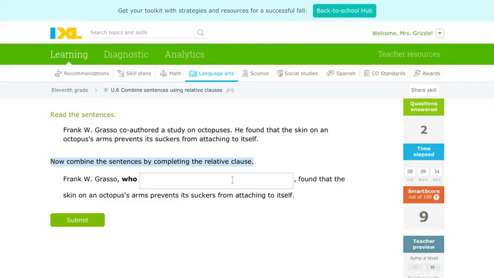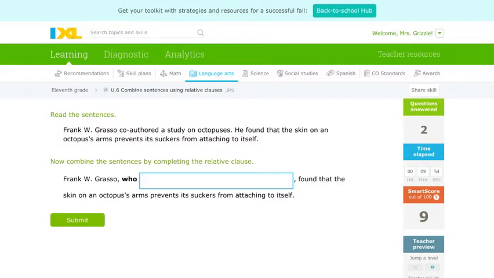Relative clauses, which are dependent clauses that function as adjectives and give more information about the noun, really help make your writing a lot smoother, a lot nicer, and it's going to improve the overall sound of your academic writing.